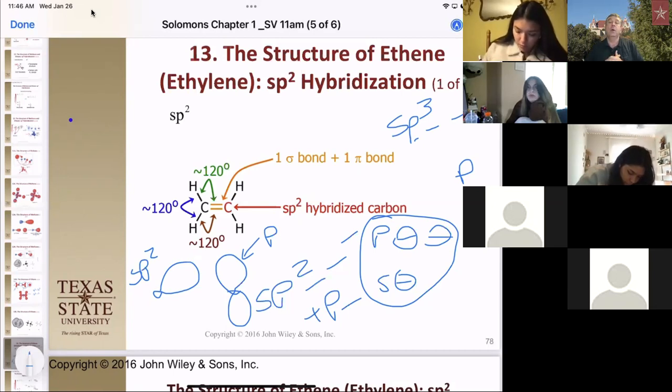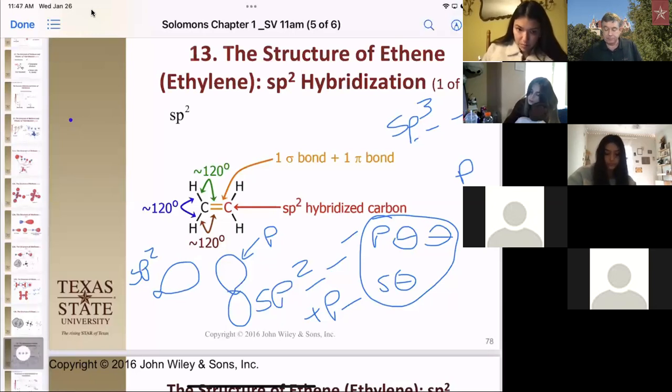So if you see a molecule with 109.5 degrees, chances are the central atom has sp3 hybridization. If you see 120 degree spacing between its bonds, it probably has sp2 hybridization, and then there's going to be an unhybridized p. That unhybridized p can do a different type of bonding. We're going to talk about that next.